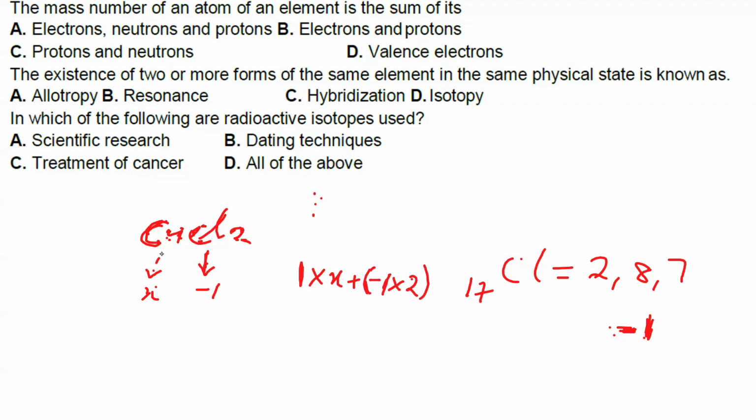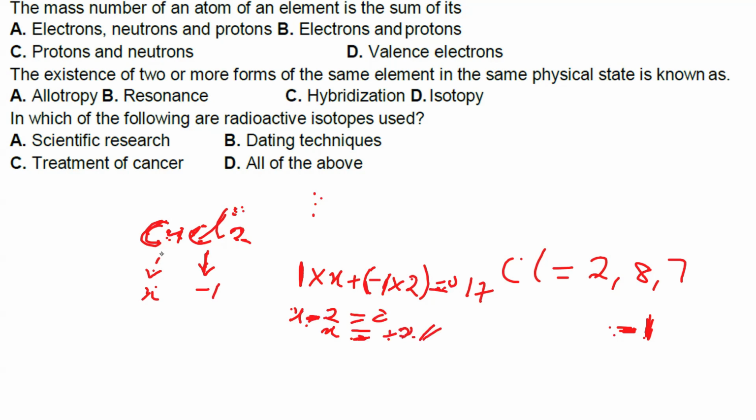Then of course, because the net charge here is 0, because there is no positive charge and negative charge here, it is going to be 0. So 1 times x is x. Then we have minus 1 times 2, which is minus 2, and it equals 0. So x is equal to, when this minus 2 is transferred to the other side, plus 2.